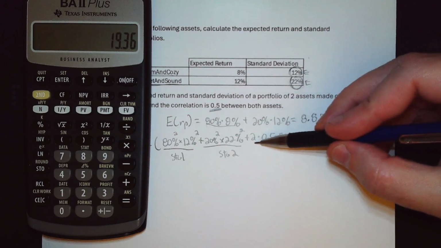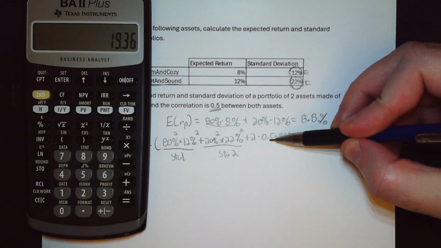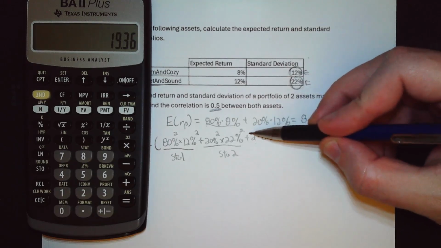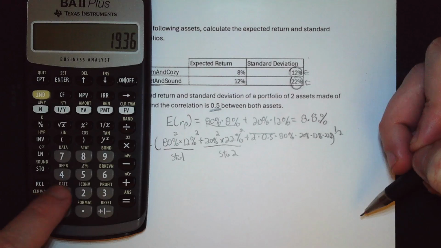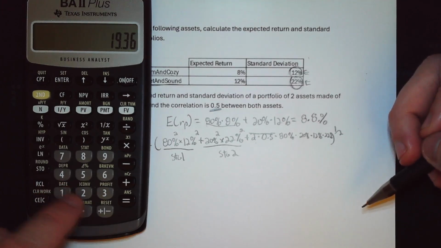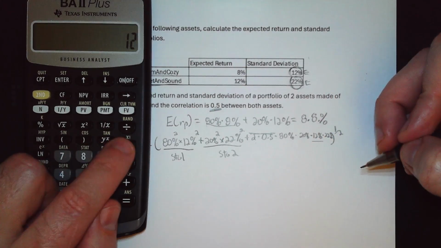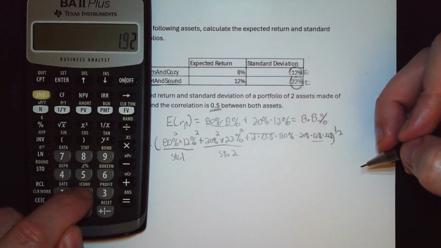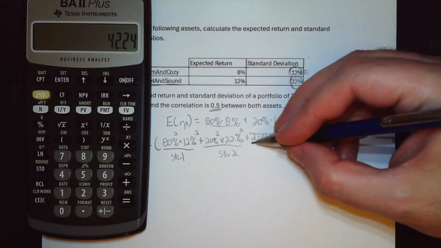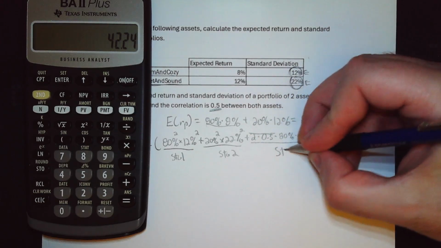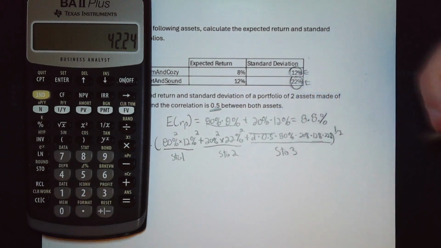I just noticed that 2 times 0.5 is just 1, so I'll just replace these two by 1, right? So it's going to be 1 times 80% times 20% times 12, the standard deviation on the first security, times 22, the standard deviation on the second security, and I'll put that under store 3.